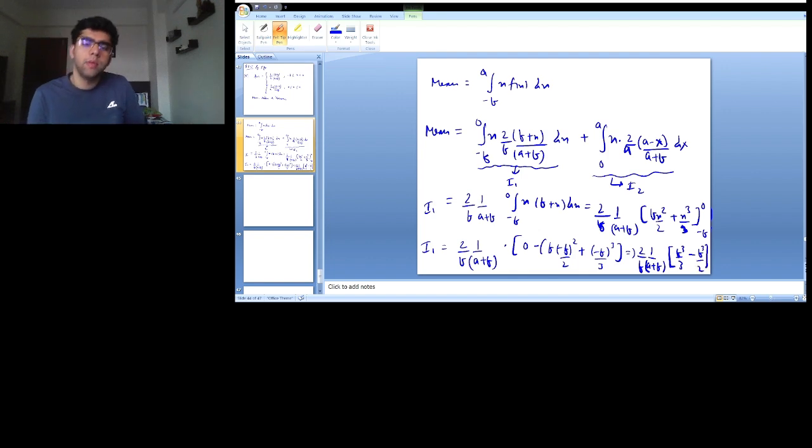Because this will be b square by 2, multiplying this with b becomes b cube by 2, and this will be minus b cube by 3, because the power is odd here, right? And a negative sign outside, this will give me minus minus plus, b cube by 3, and this is minus and positive, this will give me minus b cube by 2, right? So let's move to the next slide.